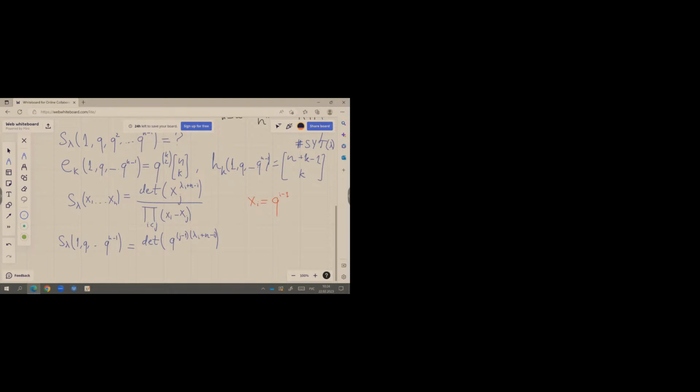And this we divide by the Vandermonde determinant. This is the product of q to the power i minus 1 minus q to the power j minus 1 for i less than j.